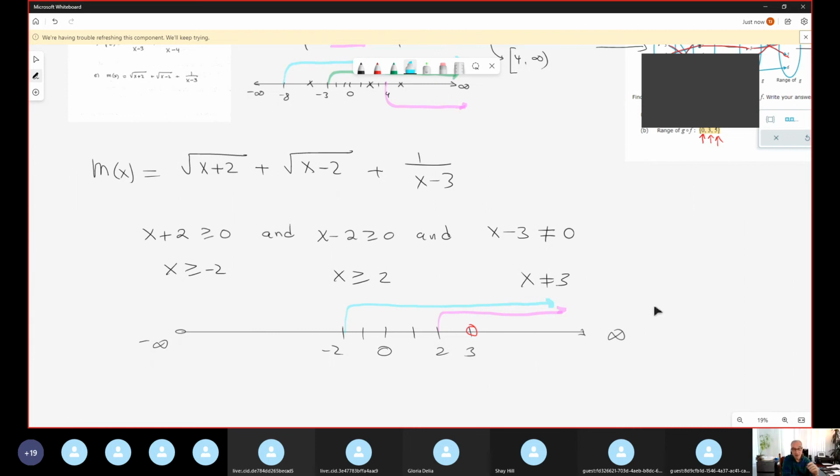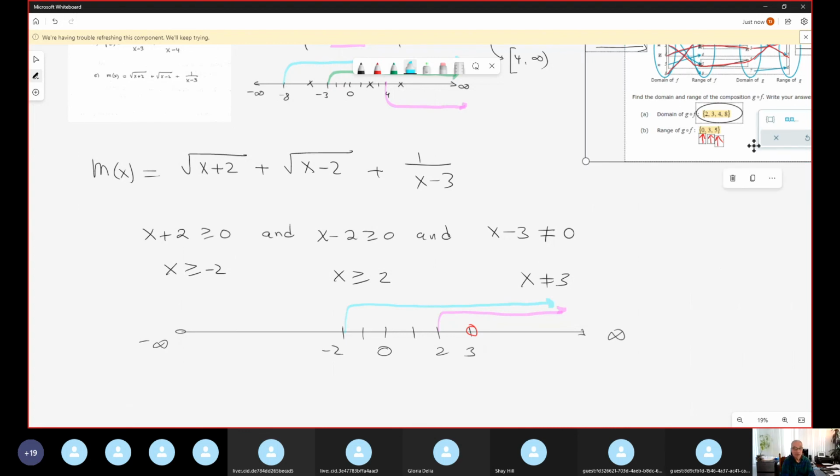Now I need to find the intersection between pink color, cyan color, and of course include the hole. No? Who helps me? Do you understand this very well or no?